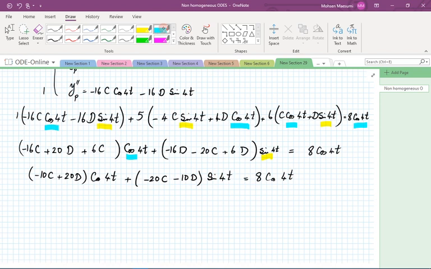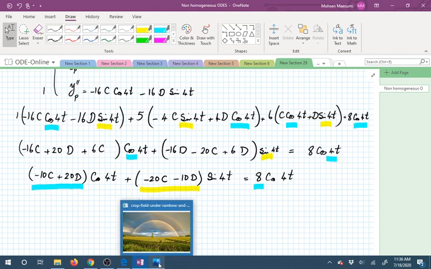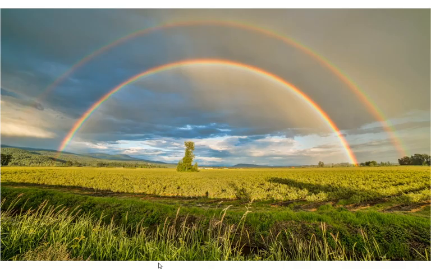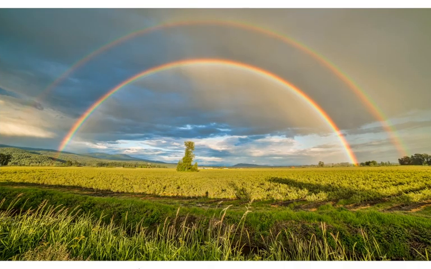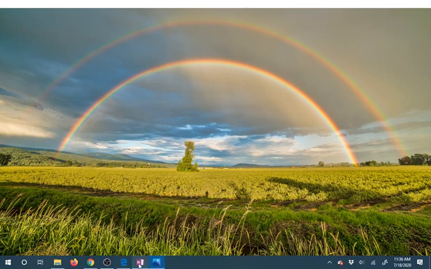So let's just remember this. So what does that mean? It means minus 10c plus 20d has to match 8. And what about this one? What is that matching? Think about it for a second. What is the yellow part doing? That's equal to what? Okay, so I'm sure you immediately came up with the answer.